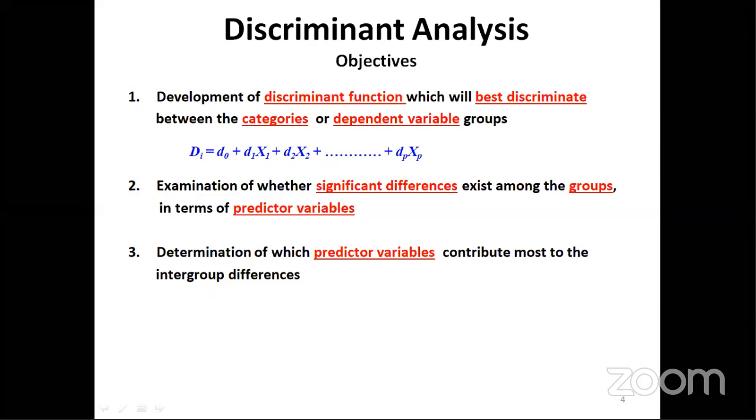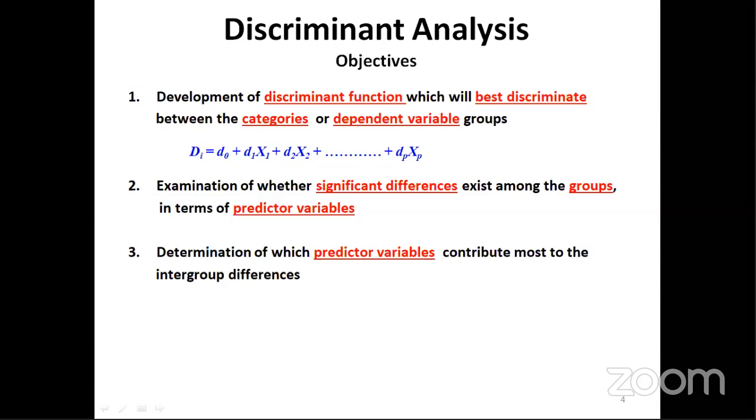Whenever we conduct discriminant analysis, our objective is to see the differences between or among the groups in terms of the independent variables. On that basis, we check whether we can classify all consumers, as in the last example, into two parts, whether they are satisfied or not satisfied, on the basis of their age, income and occupation. That is what we examine and check.